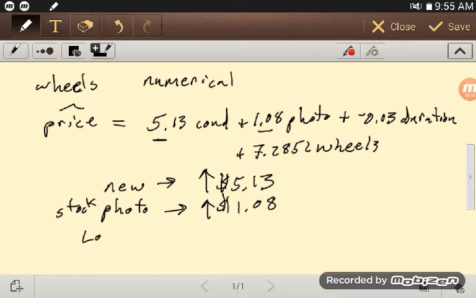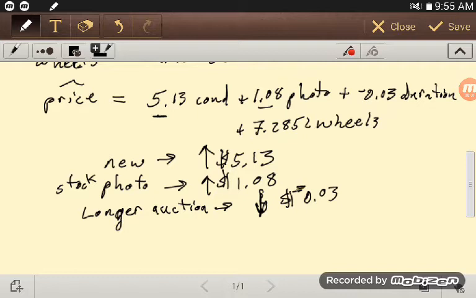A longer auction implies that actually it goes down by 3 cents a day, so I'm going to do the negative 3 cents per day, since the auction was in days.